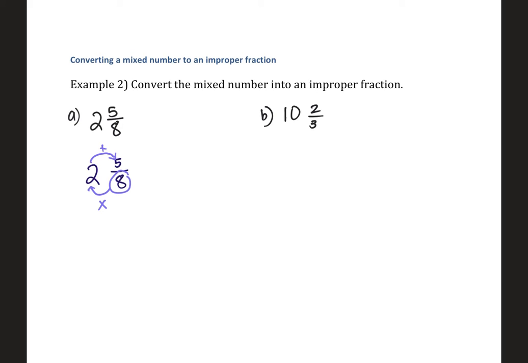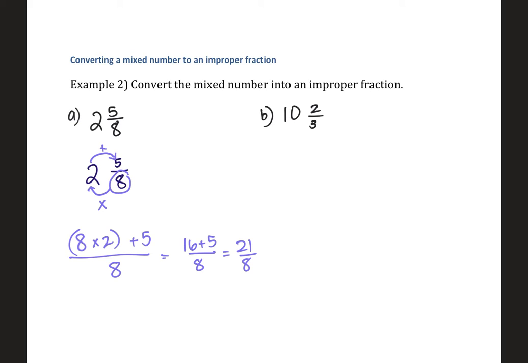So again, we have 8 times 2 plus 5, and then we're going to keep our same denominator. This comes out to 16 plus 5 over 8, which is just 21 over 8.